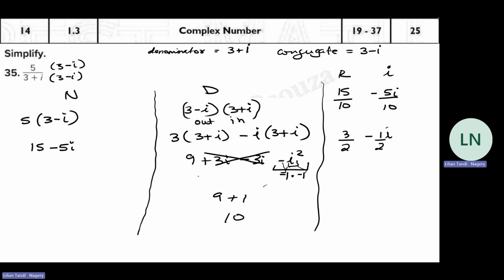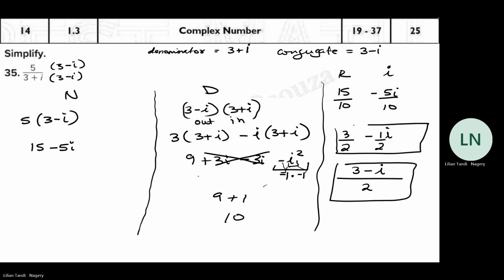And then you put i like that. Okay? Also, this can be your answer. So both of them can be your answer, either one of them. But the best one is the first one. But they are all the same.